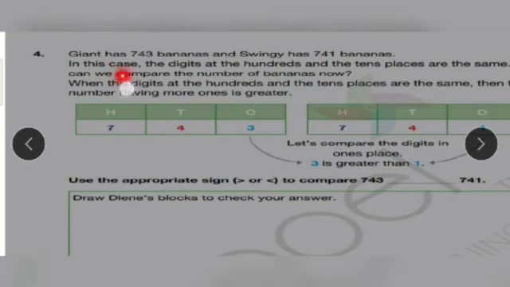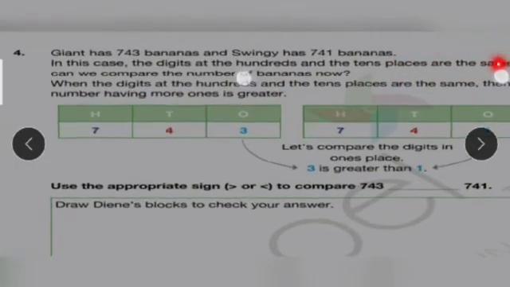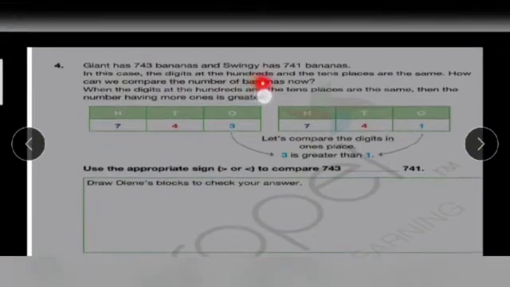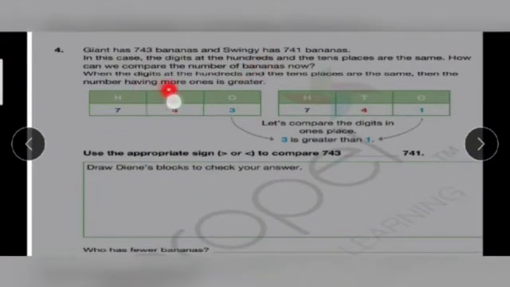Now children, in this example, the giant has 743 bananas and Singi has 741 bananas. In this case, the digits at the 100 and the tens place are the same. Can we compare the number of bananas now? Yes. When the digits at the 100 and the tens place are the same, then the number having more ones is greater.